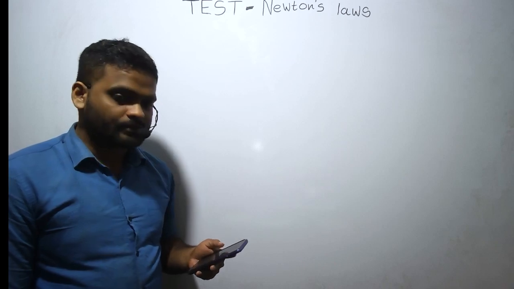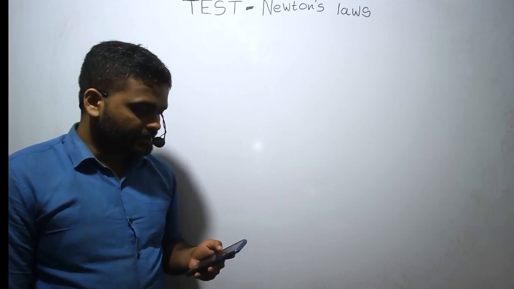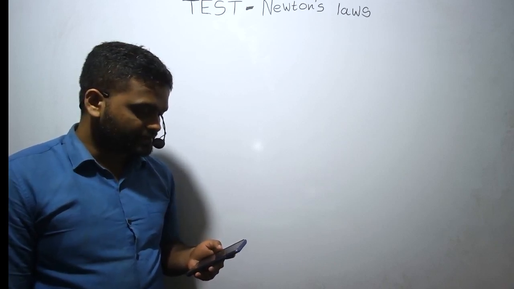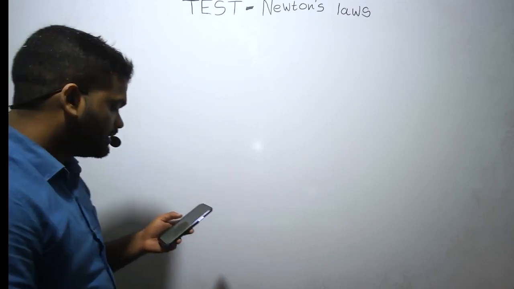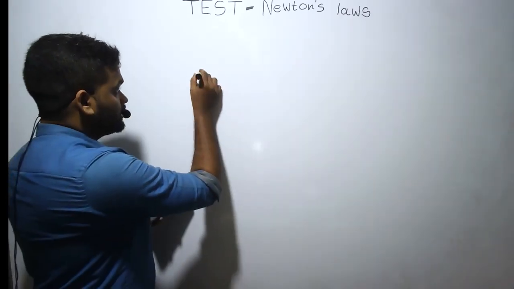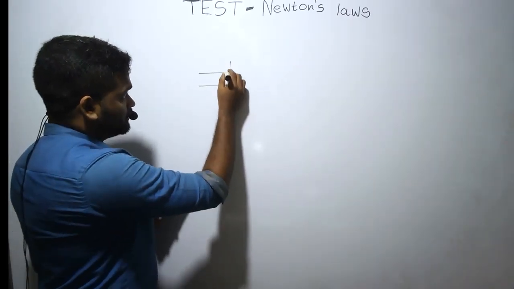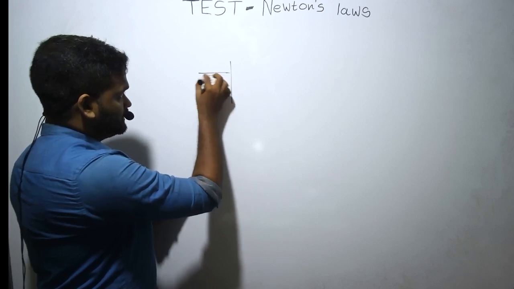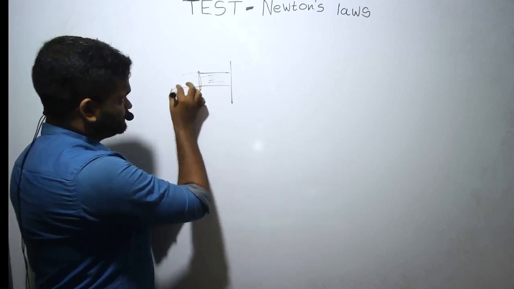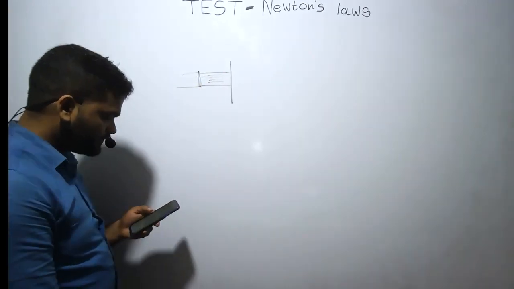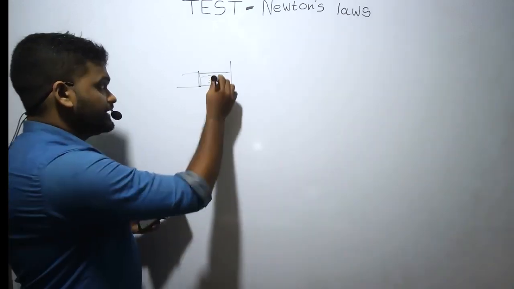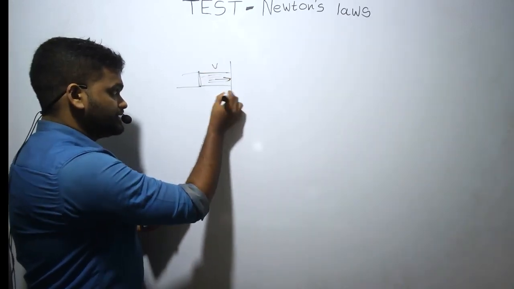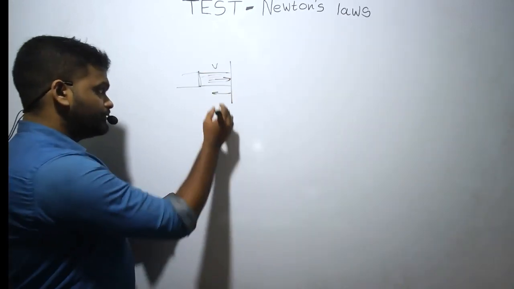Right, 13th question. A liquid with density rho is incident on a wall at V. Let's say this is coming from here, it is incident at V and jumps off at V over 2.